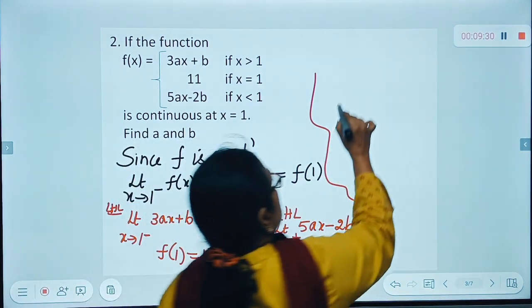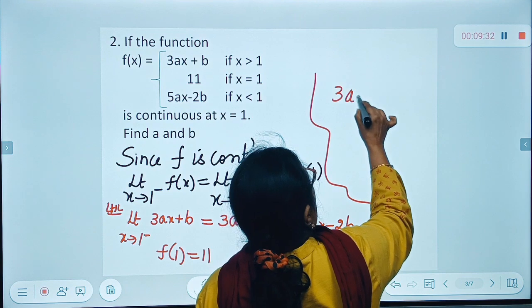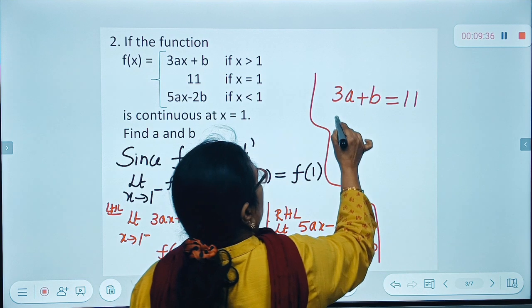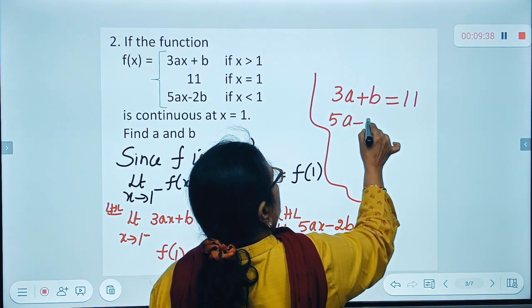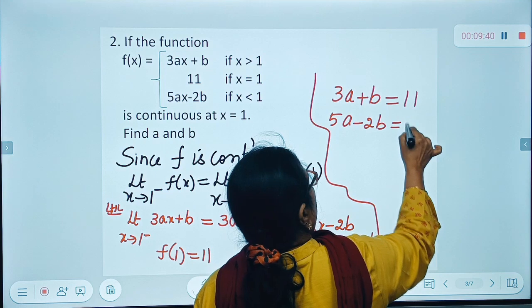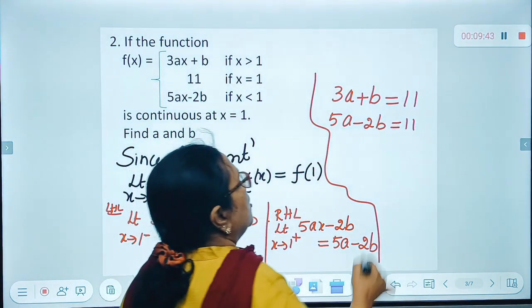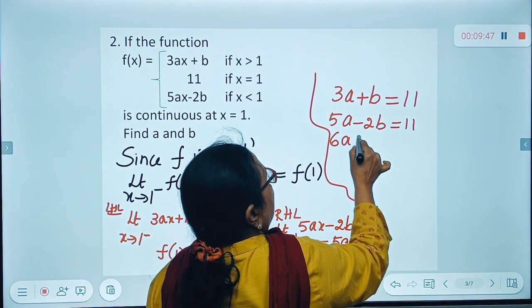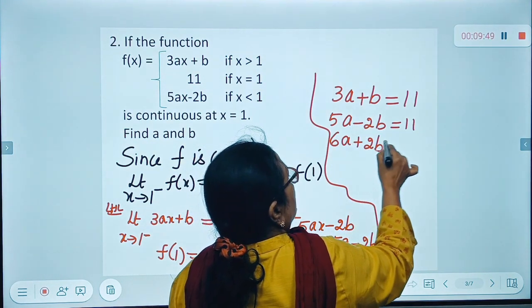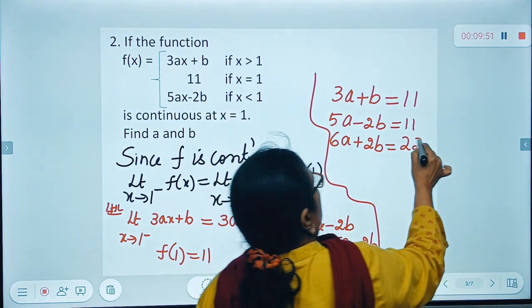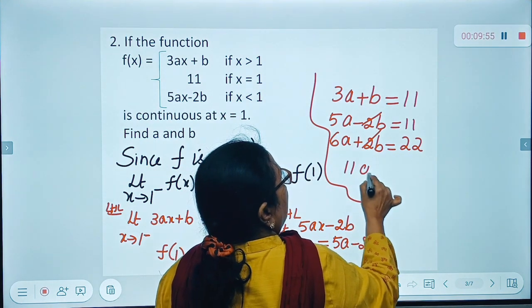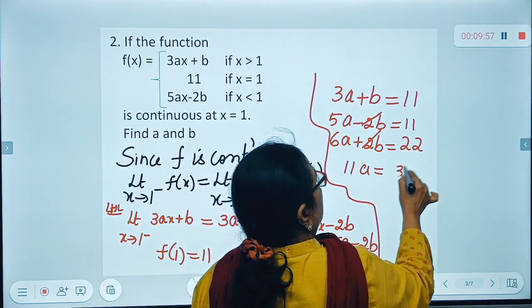So 3a plus b is equal to 11 and 5a minus 2b is also equal to 11. To solve this, I am going to multiply this by 2. So I will get 6a plus 2b equal to 22. Adding, 11a equal to 33.